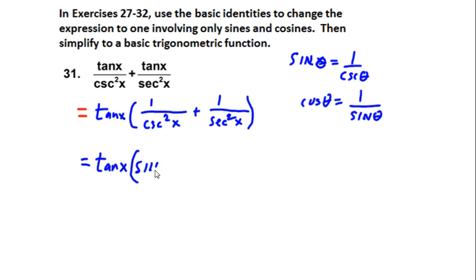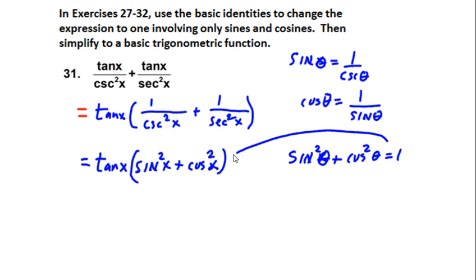So sine squared x plus, and 1 over secant squared x is cosine squared x. And the first Pythagorean identity, sine squared theta plus cosine squared theta is equal to 1. So we can replace all this here with 1. So we have tangent x times 1, which equals tangent x.